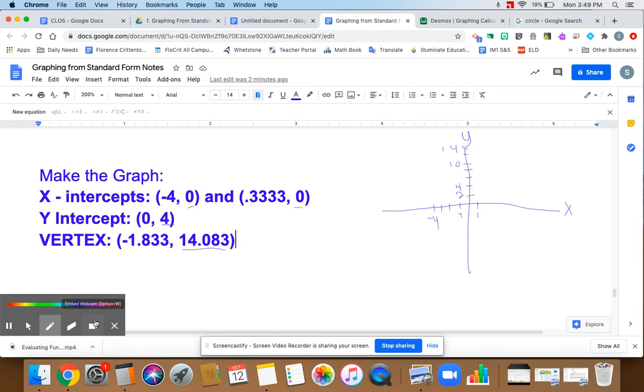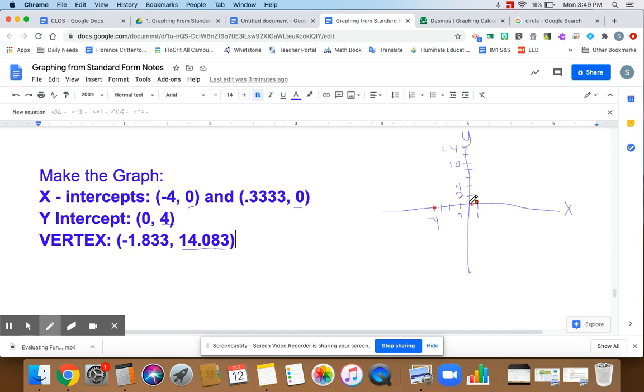And then if I were to place my 4 points on my graph, I have to estimate as best as possible. So negative 4, 0 is going to be right here because it's left 4, but it's not going up or down. 0.33 is less than half between 0 and 1 because it's not a whole 1 yet. So it's about there. 0, comma 4.